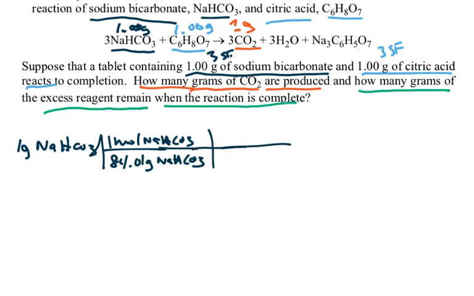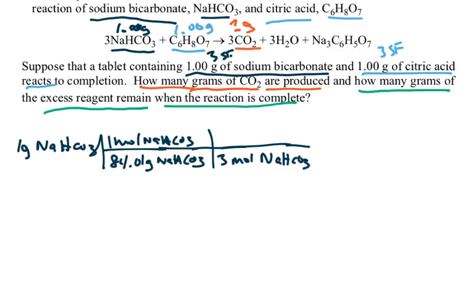And if it didn't say CO2, you could take it to anything. It doesn't matter. Some of our problems don't say what they go to. They just say which one's limiting and how much is left. Okay, take it to anything. Just take it to some product. It does not matter which one you take it to.